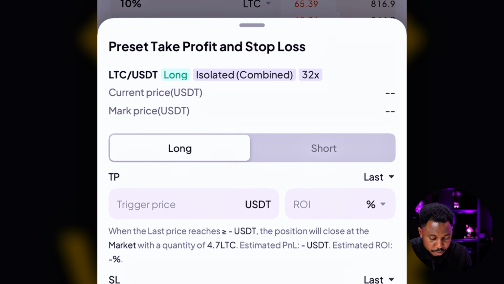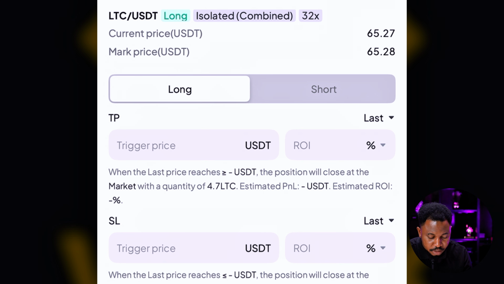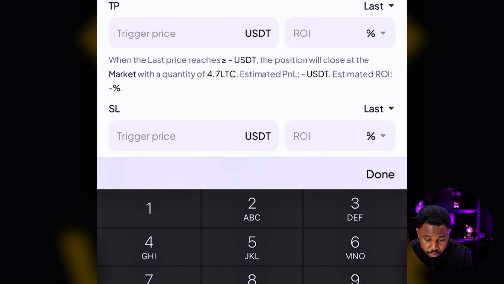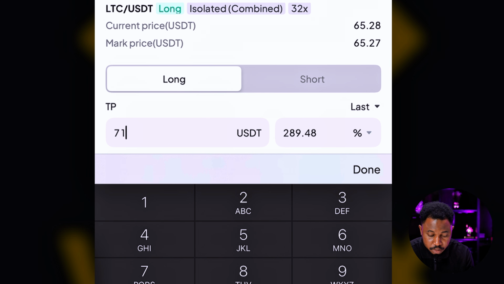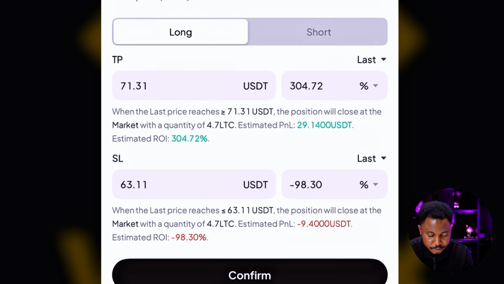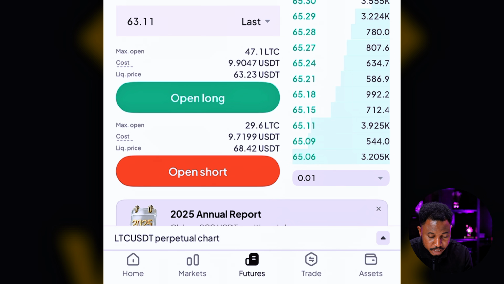I'll set my take profit and stop loss. So this is the long position, right? My stop loss is 63.11, and you can see I'm going to lose minus 98% of my money, and my TP is 71.31, so I'm going to make 300%. So I'll click on confirm and click on open long.